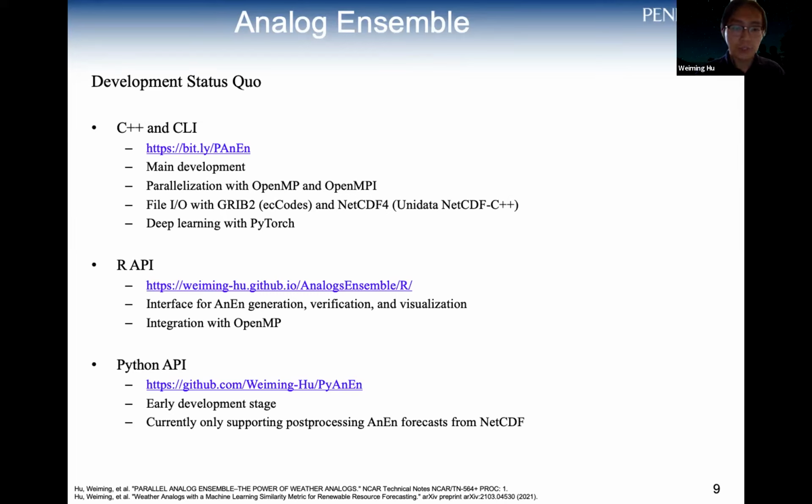But unfortunately, it's in a very early development stage, and currently it only supports post-processing analog ensemble forecasts from NetCDF files. The reason the Python API exists right now is mostly for me to post-process the analog predictions generated from the C++ API on supercomputers.